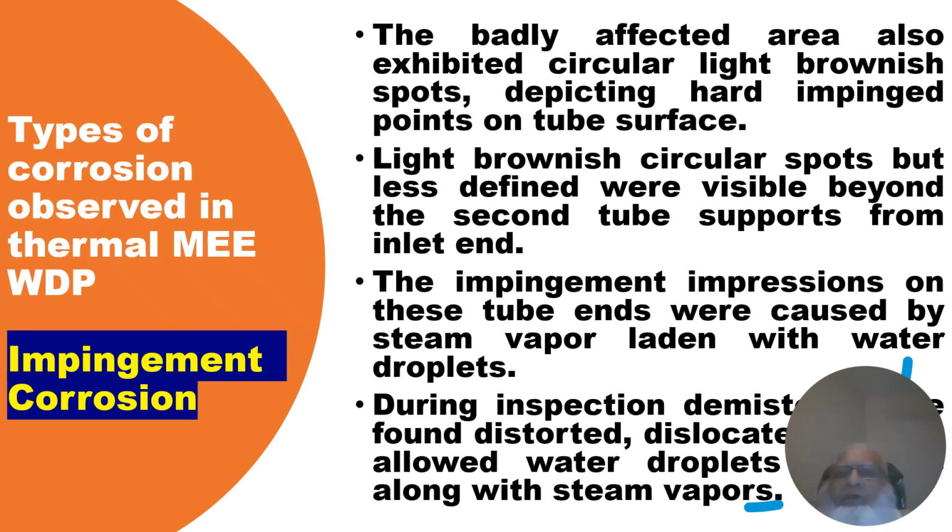Light brownish circular spots, but less defined, were visible beyond the second tube supports from inlet end. The impingement impressions on these tube ends were caused by steam vapor laden with water droplets. During inspection, demisters were found distorted, dislocated, fouled, and allowed water droplets to pass along with the steam vapors.